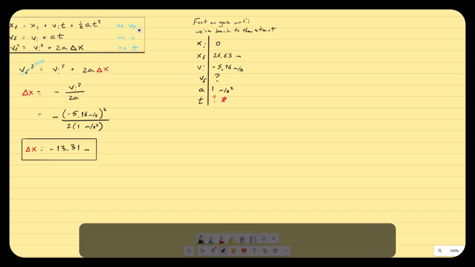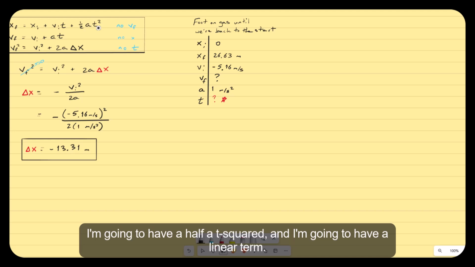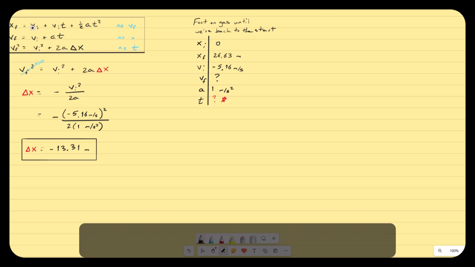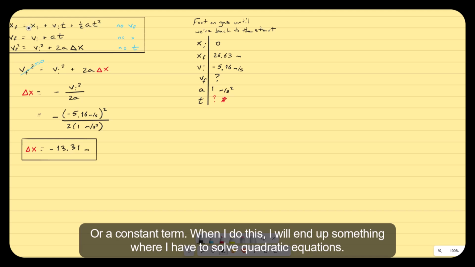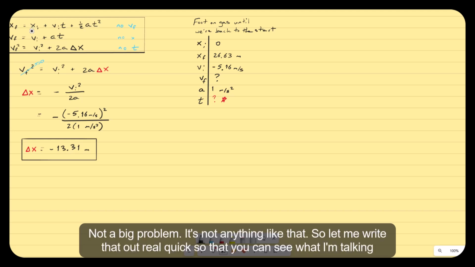However, here's the thing. If I use equation 1, I'm going to have a V initial t, I'm going to have a half a t squared, and I'm going to have a constant term. When I do this, I will end up with something where I have to solve a quadratic equation. It's not a big problem. So let me write that out real quick so that you can see what I'm talking about.